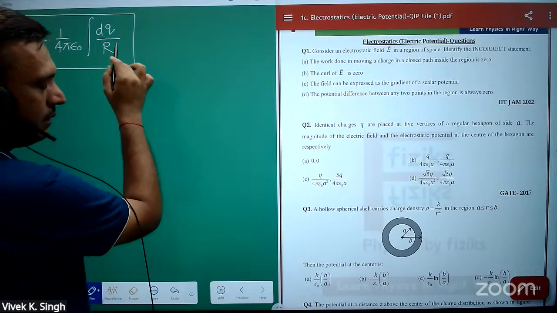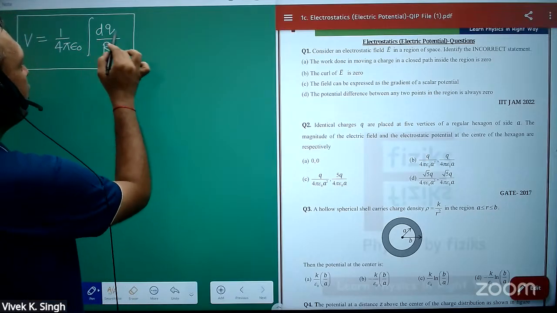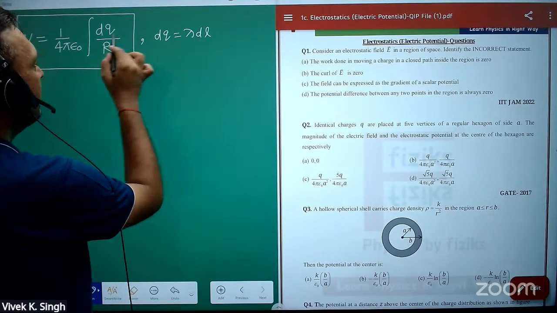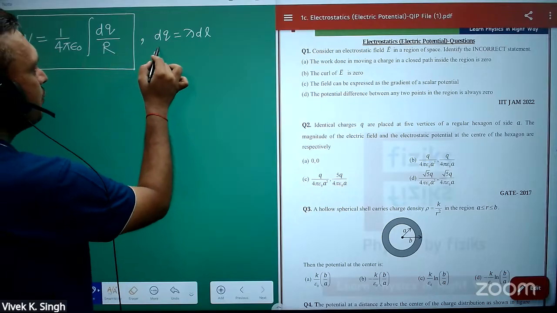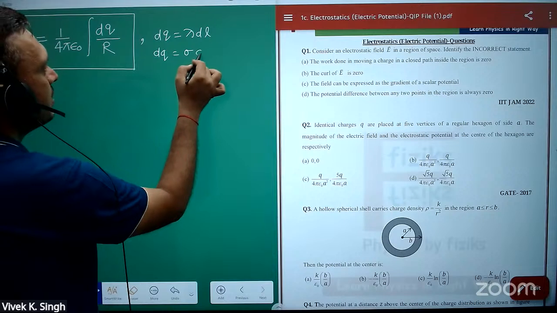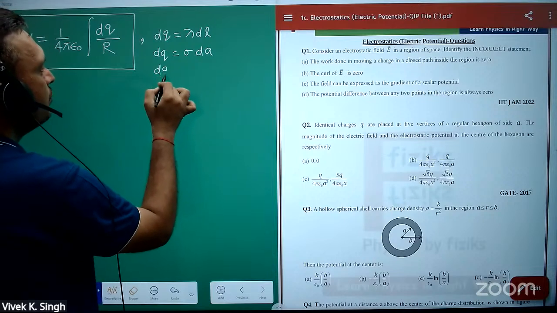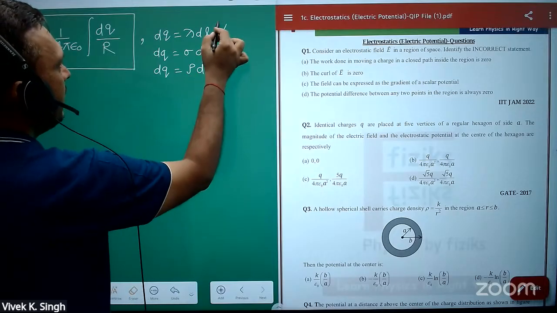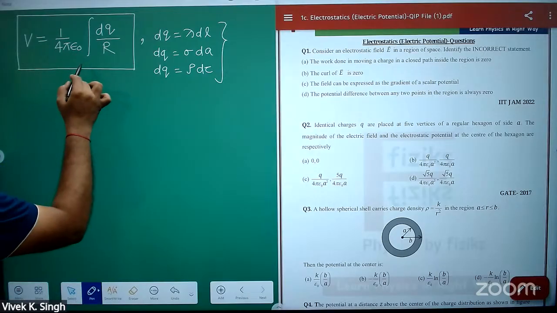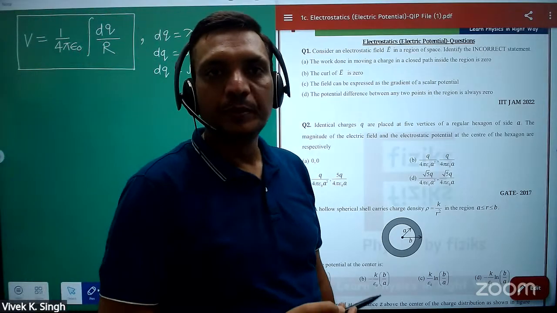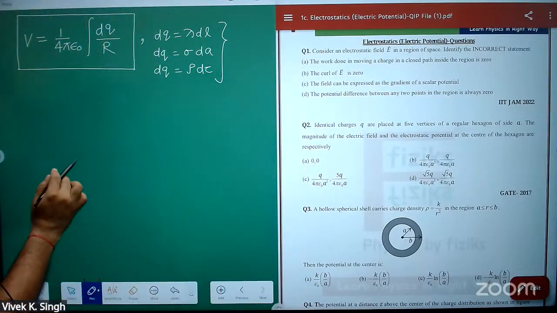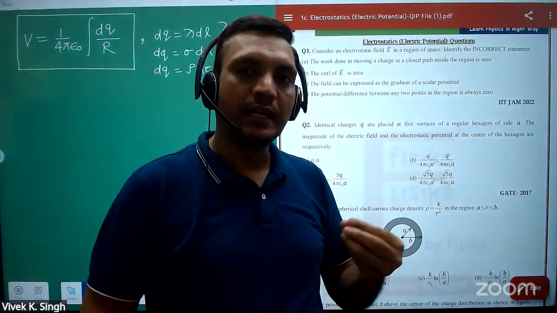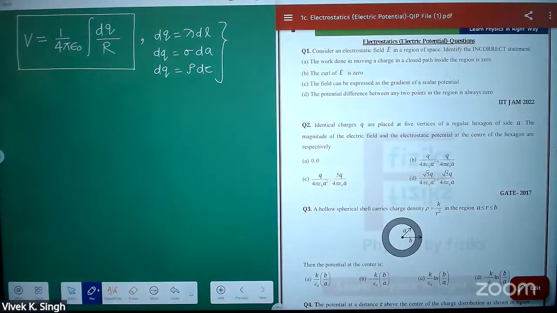When you have a line charge, we write dq as lambda dl, and then this integral will be a line integral. For surface charges, dq will be sigma dA, and for volume charges, it is rho d tau. So accordingly, this integral may be a line integral, surface integral, or volume integral. You have to remember these results if you want to find the electrostatic potential in different configurations. Clear?